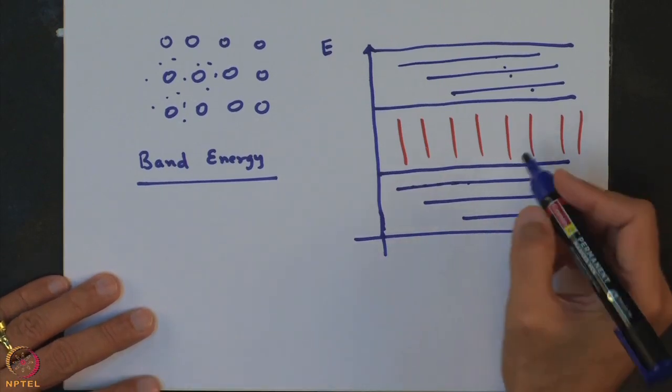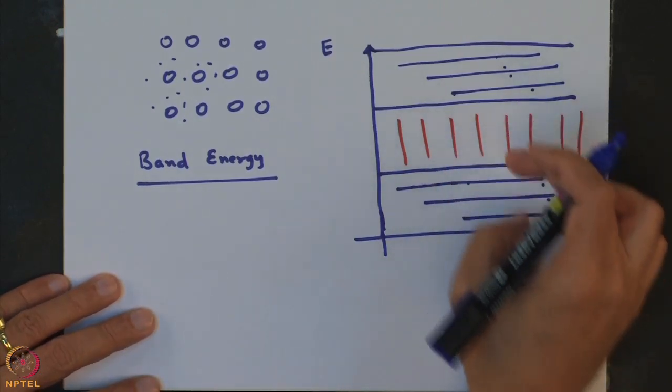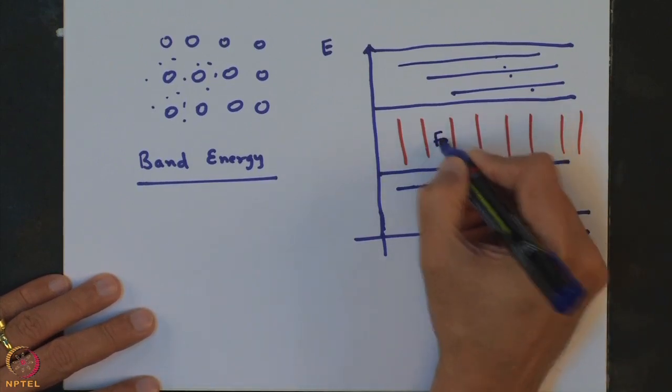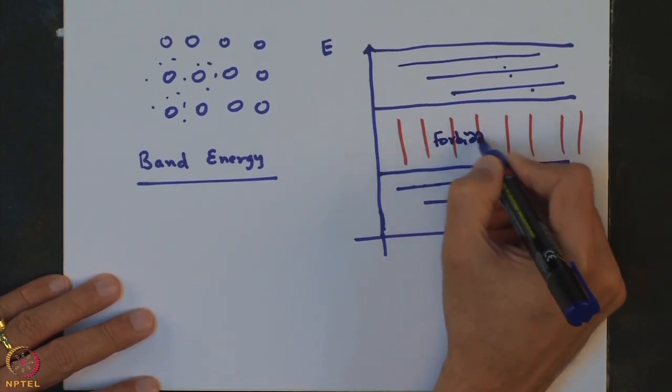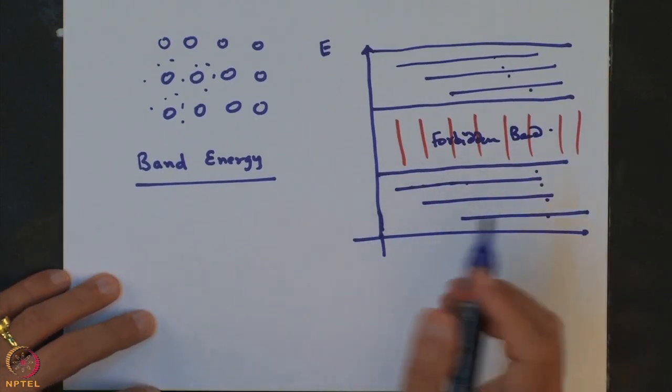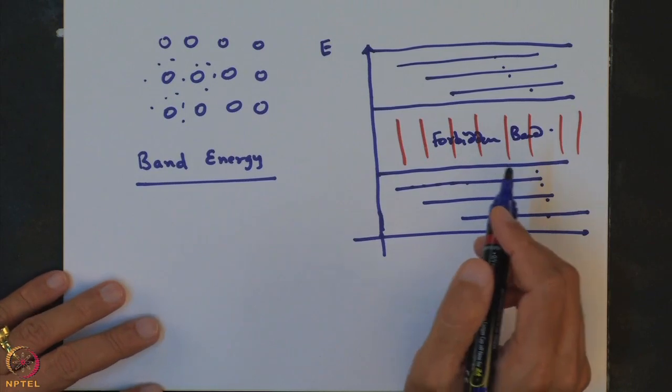This band, sandwiched between the top and the bottom band, is called the forbidden band, which basically means that none of the charge carriers, electrons or holes, are going to occupy it.